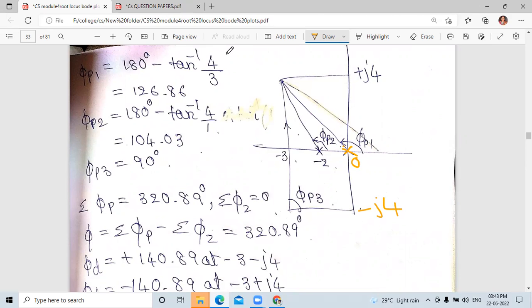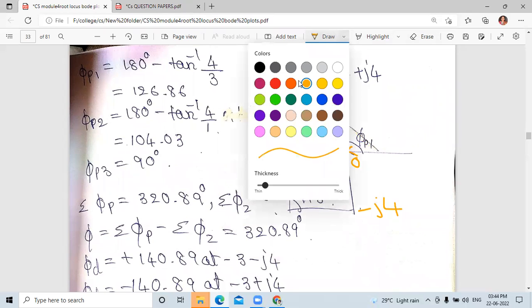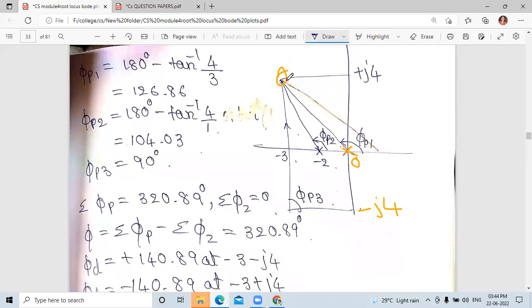This is the point, and we need to join all the poles. This is the one pole, so we need to join this, and this angle we need to find out. The second pole is minus 2, and this angle also we need to find out.